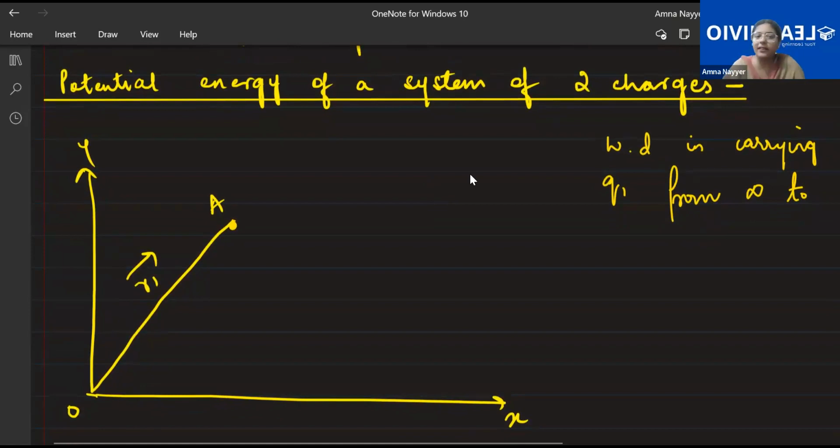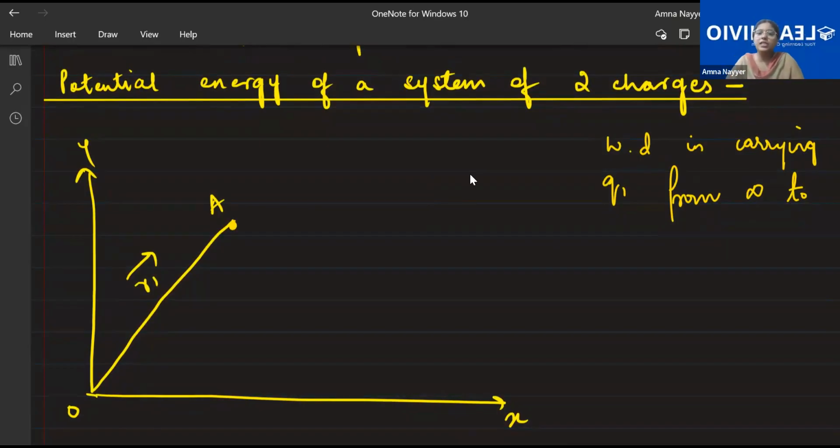I'll show you this derivation between two charges. If you still have any queries regarding the potential energy, just ask whatever you are unable to understand. Then you can relate it with the top part which I was giving you as an introduction.